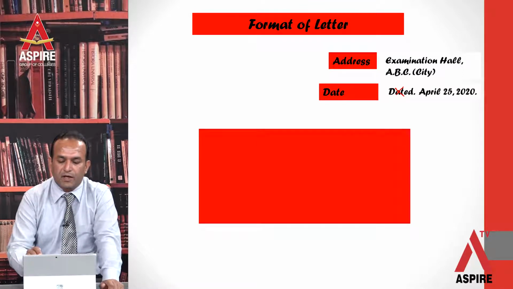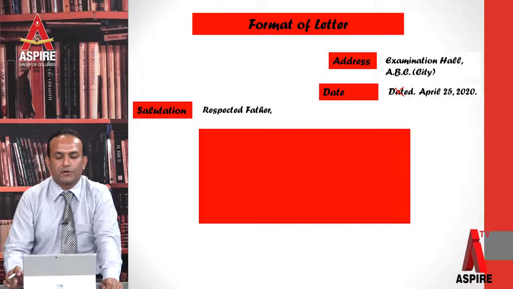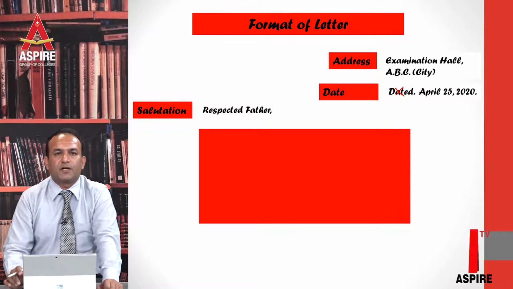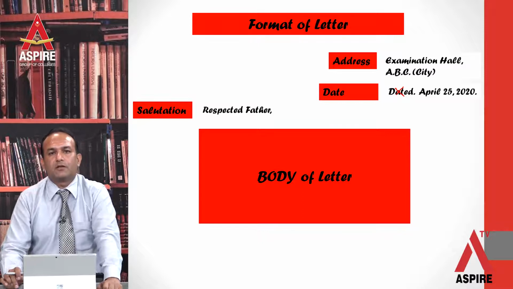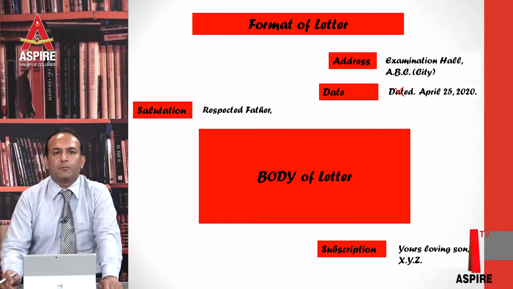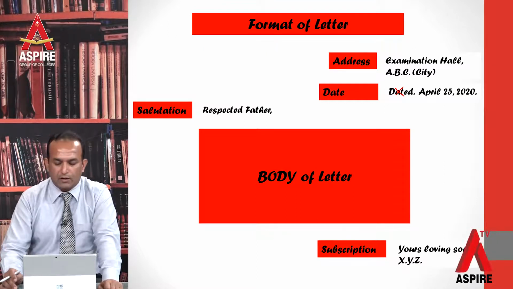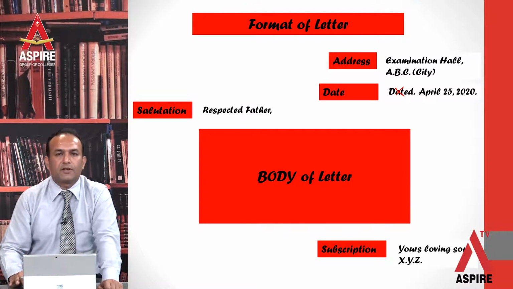April 25, 2020 and then full stop. After a blank line, there is a salutation like respected father. And then the main part of the letter, that is the body of the letter. And after completing the body of the letter, there comes the subscription like your loving son and then the variables XYZ with full stop.